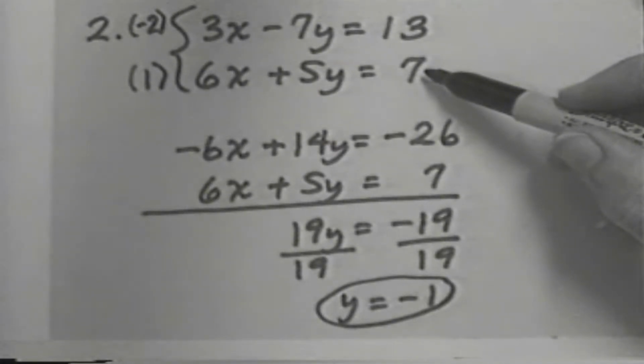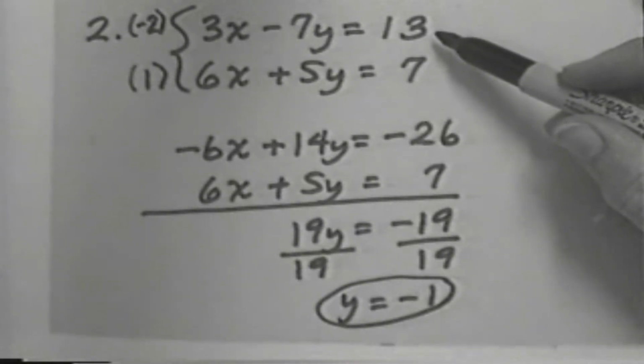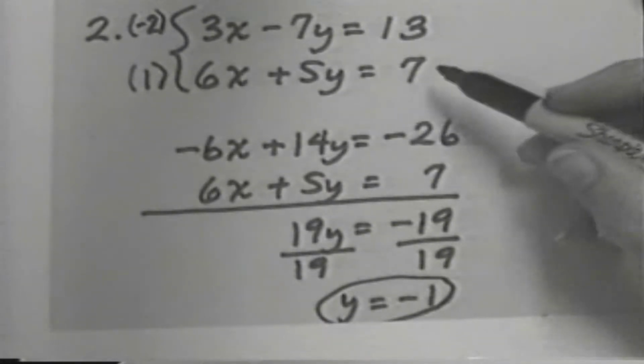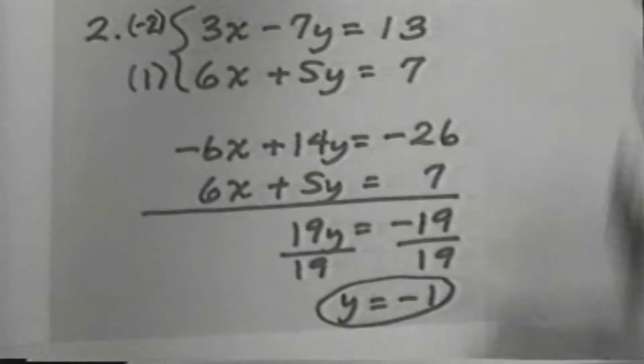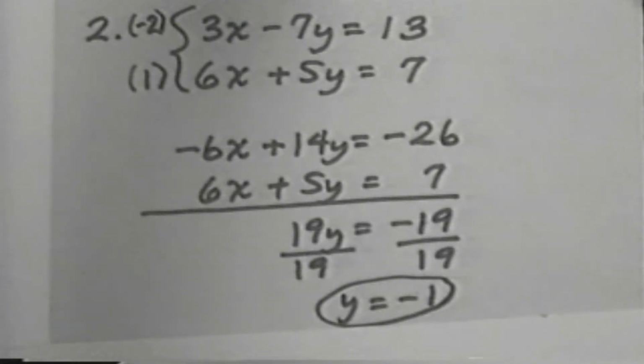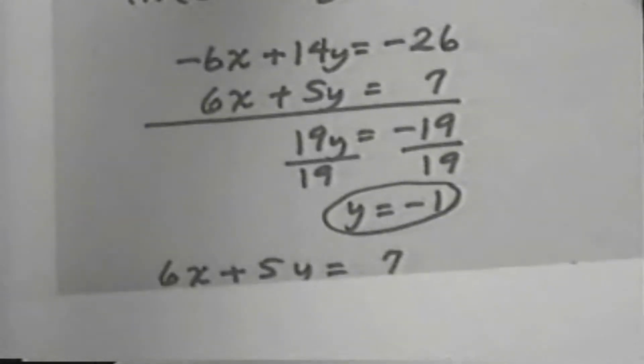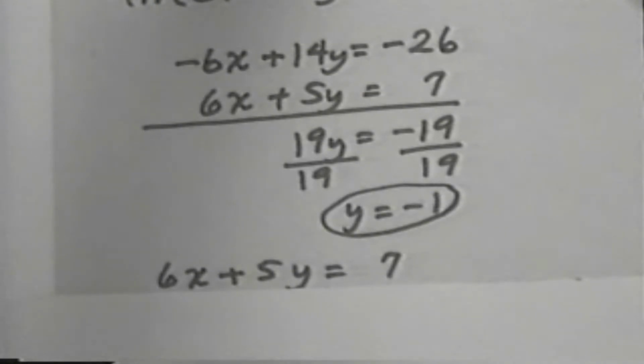Here's the 6x plus 5y equals 7 again, and 3x minus 7y equals 13. I can choose any of those that I prefer. The one I have chosen is 6x plus 5y equals 7, and that's purely my own preference. You may choose any of them that you wish when you're doing these problems. So I'm going to use the 6x plus 5y equals 7 for my back substitution equation.